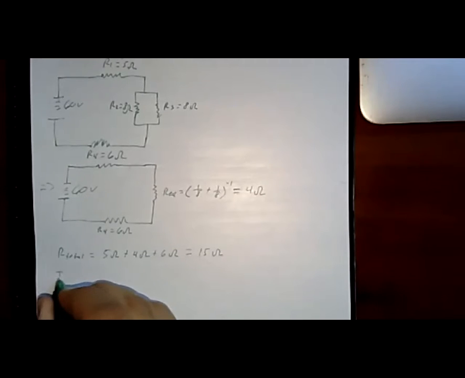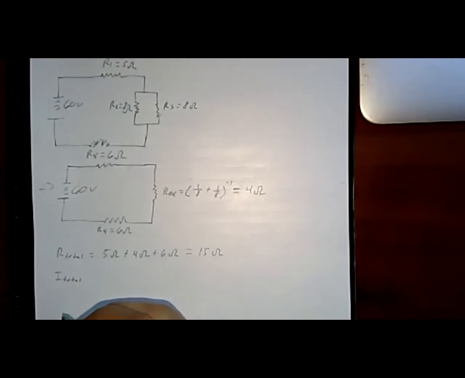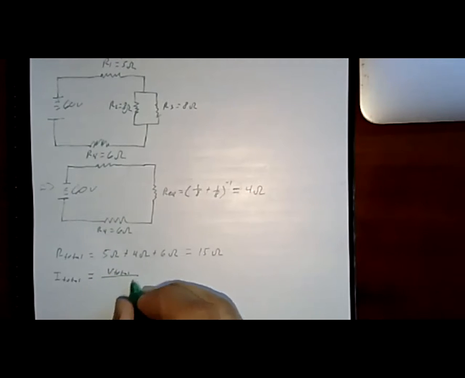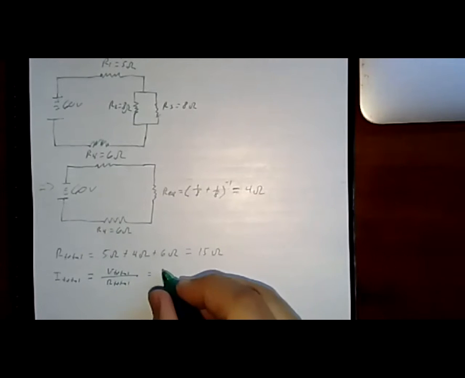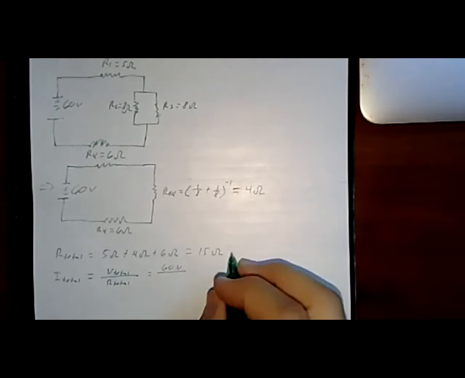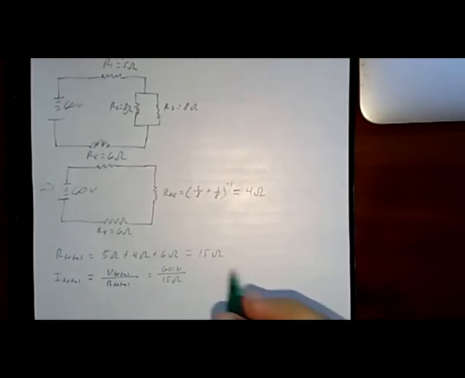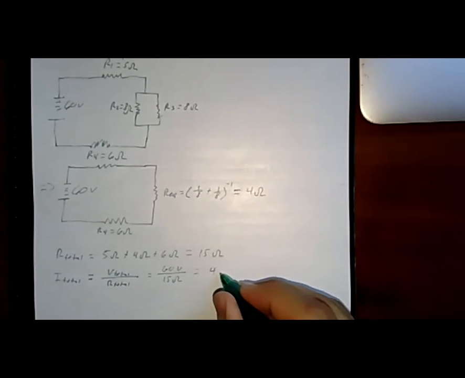So total current, we use I, by the way, is going to be equal to total voltage over total resistance, which is equal to 60 volts divided by 15 ohms, which will be 4 amps. Okay. All right then.